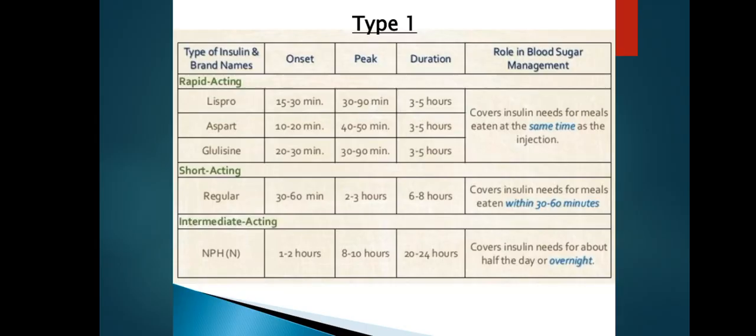The last one is intermediate acting insulin, commonly known as NPH insulin. Its effect will start in 1 to 2 hours, its peak will be at 8 to 10 hours, and its effect will remain in the body 20 to 24 hours.